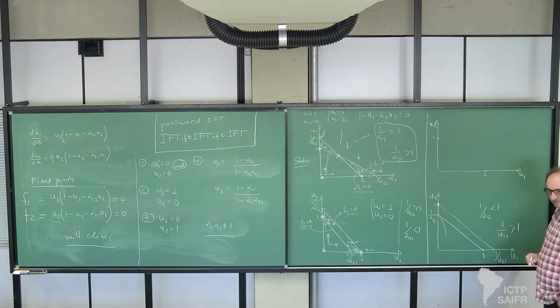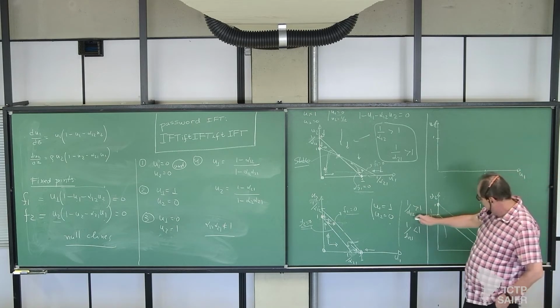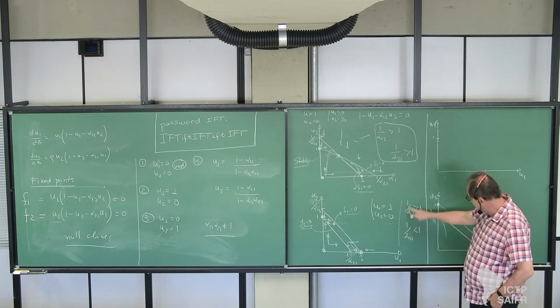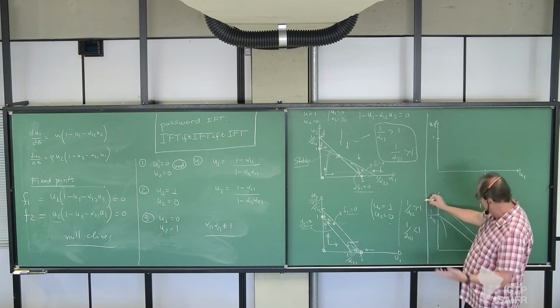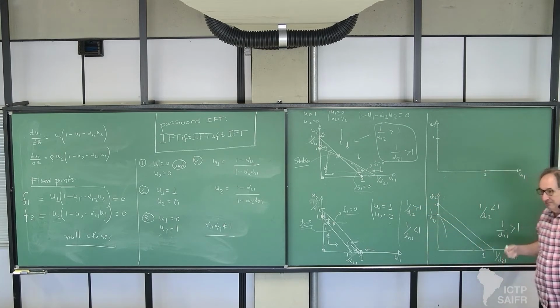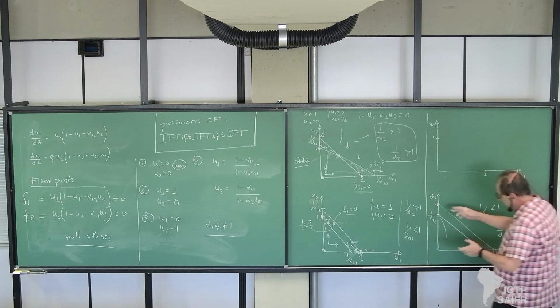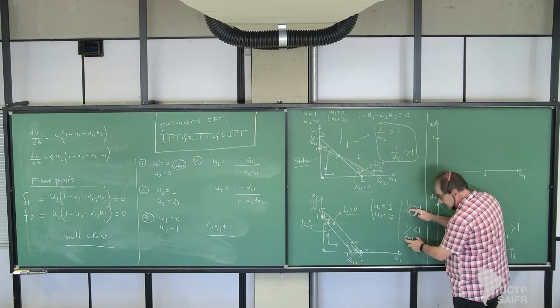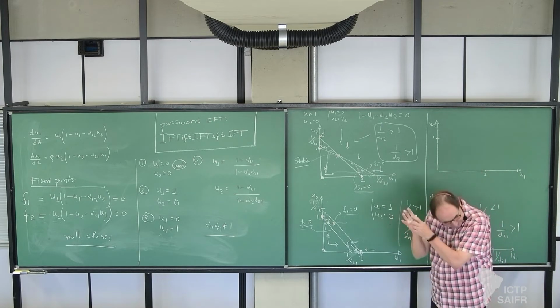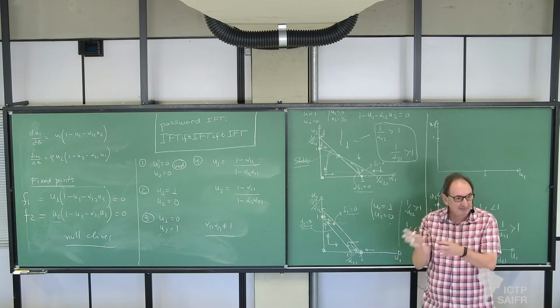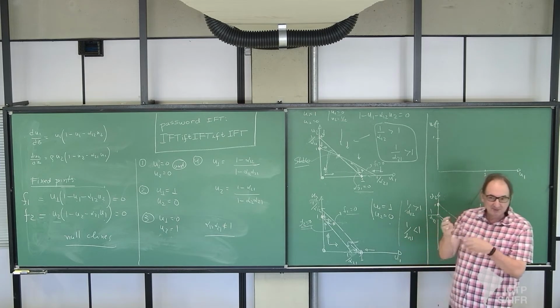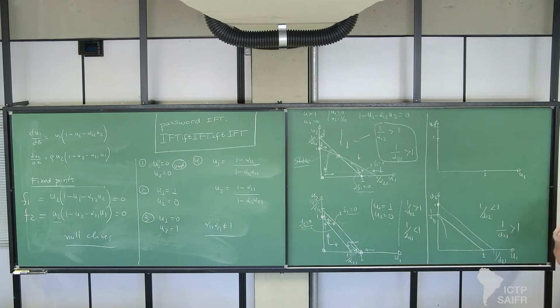So you see that if one of them is bigger than 1, and the other one is smaller than 1, then you always get an elimination. This will give you which one is the best competitor, the strongest competitor.